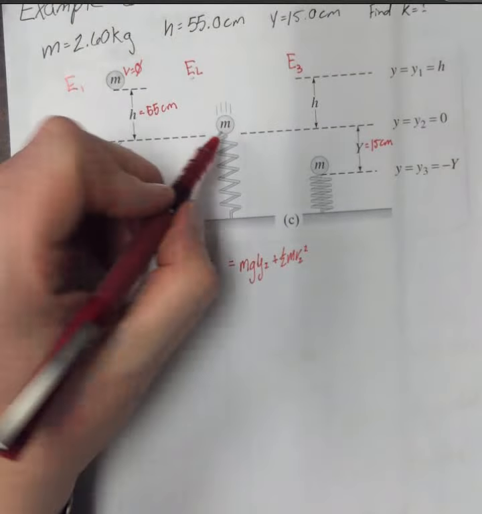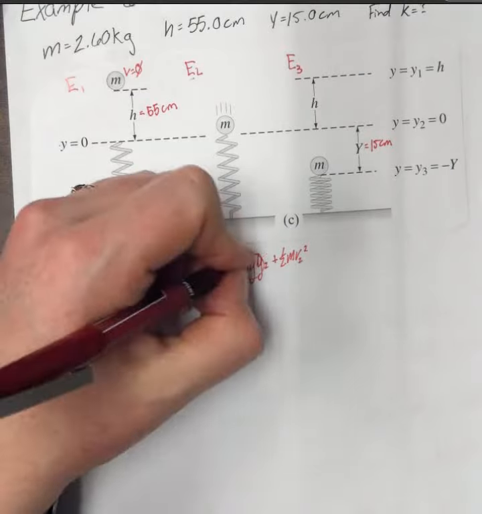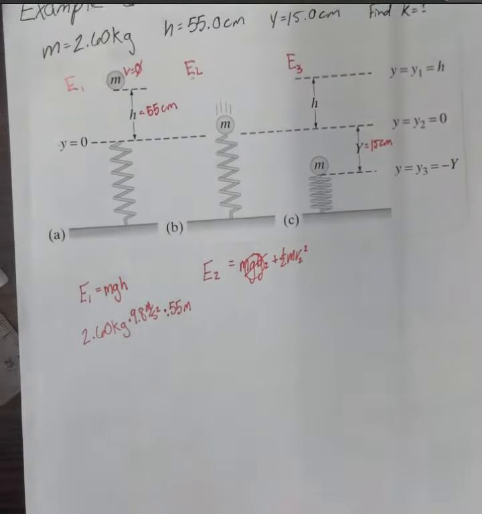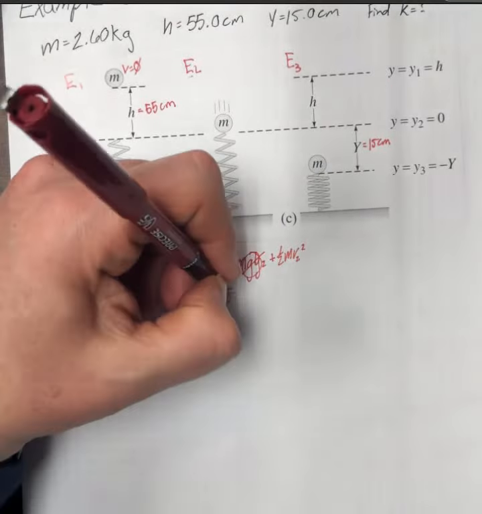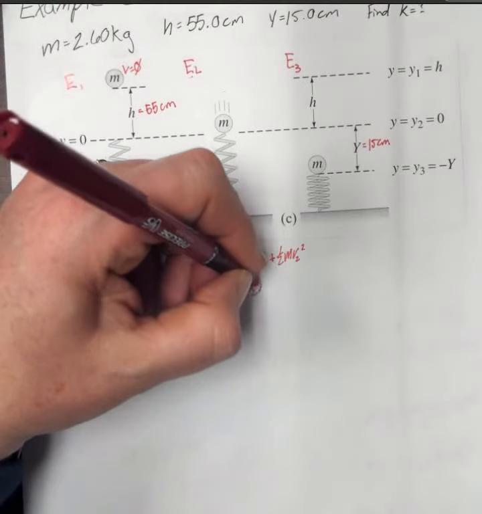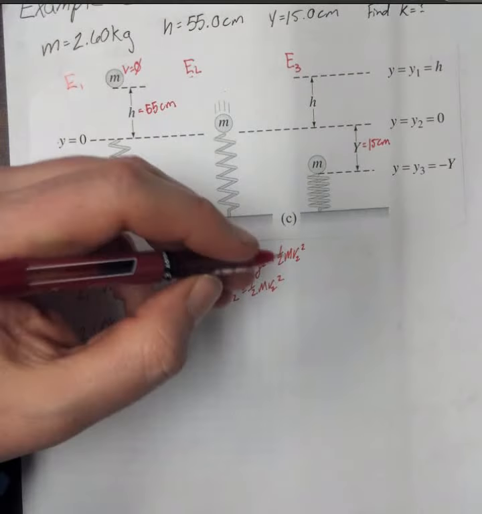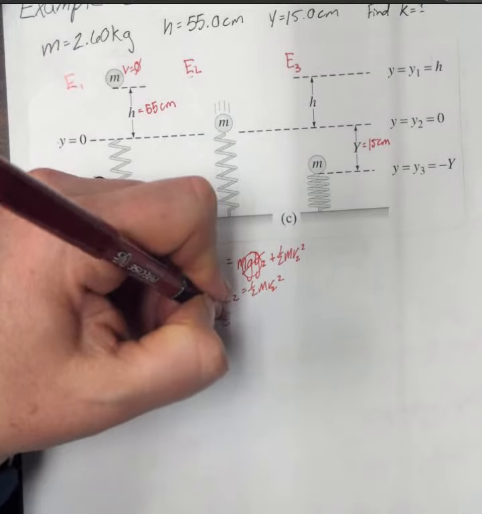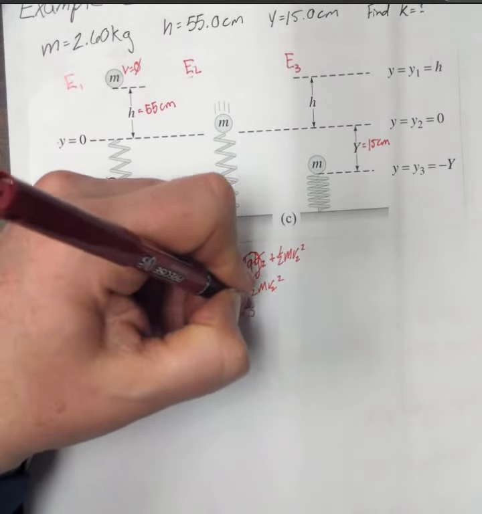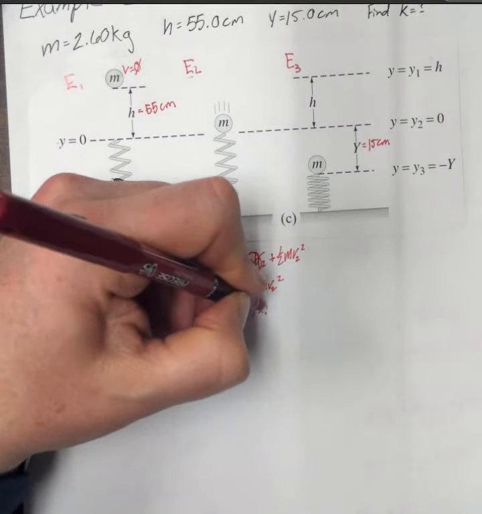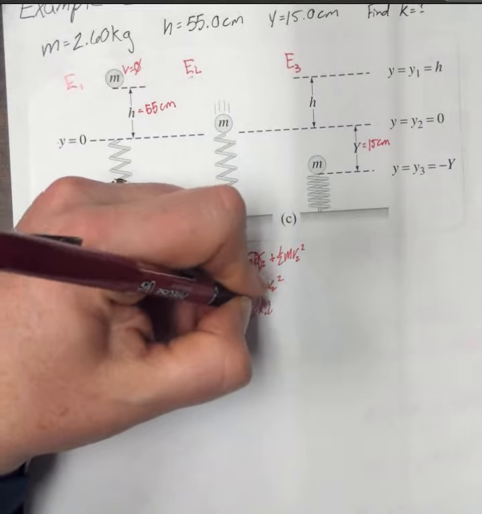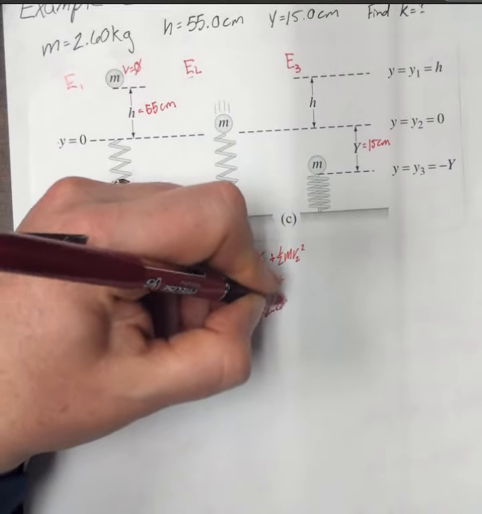But here we've set this as our reference point, so the potential energy at that point is gone. So the energy at point 2 equals 1/2 mv2 squared, or the energy at point 2 is equal to 0.5 times 2.6 times v squared.